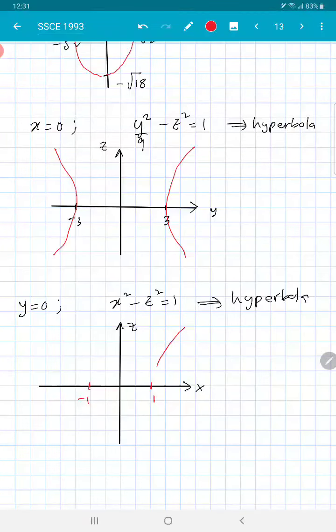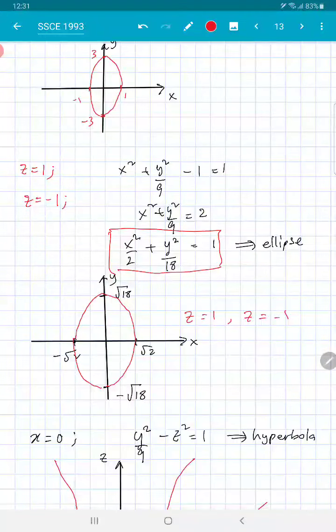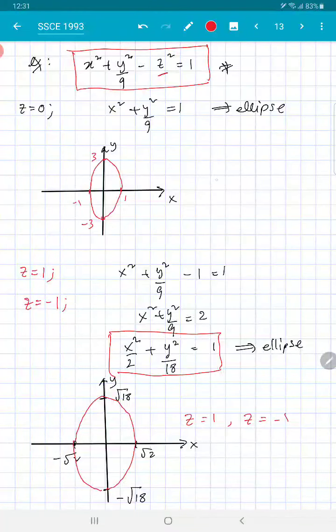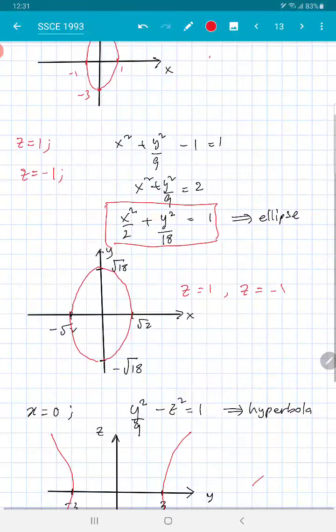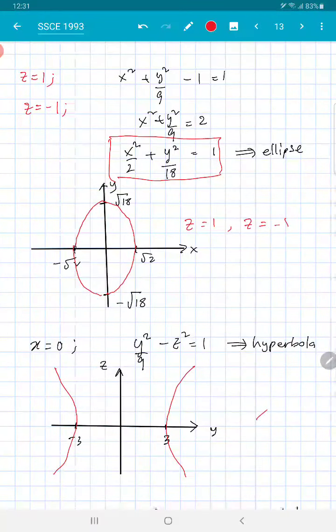So our hyperbola opens along this. Right, so now we have all the views. We have one view from the side, one view from the front, and we have 3 views from above. One is for z equals 0, and for z equals 1 and negative 1, we have the same size of ellipse. Okay, they're the same size.